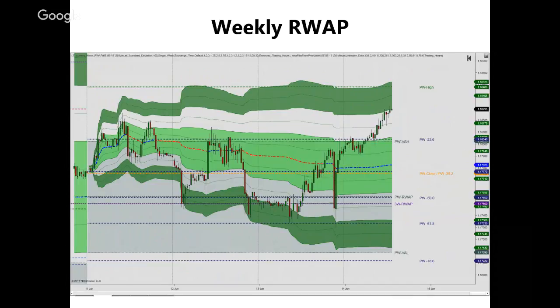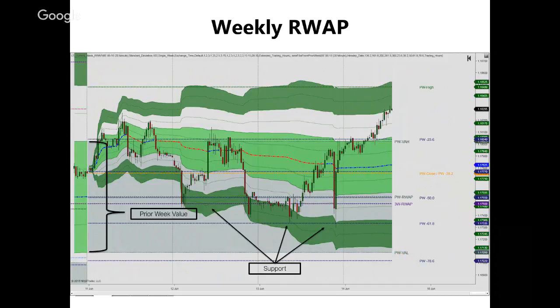We've moved within the prior week value for most of the days, trying to break out to the upside, coming back in, testing the prior week RWAP, again here. Then there is a Fibonacci extension 61.8 here and here, and the value area low here. And these are of course then support levels.